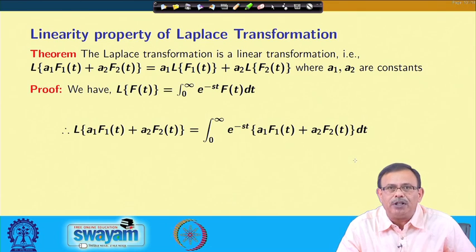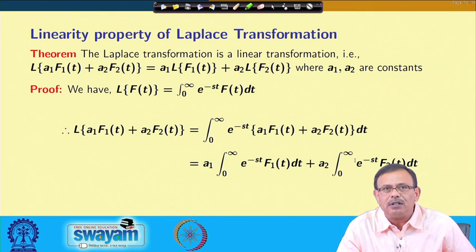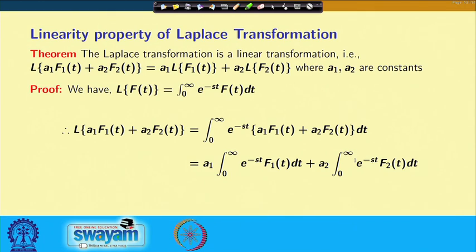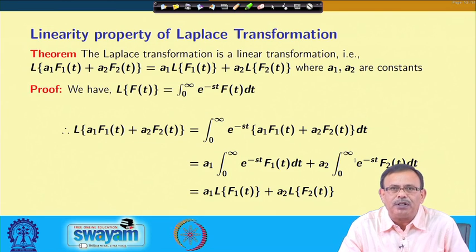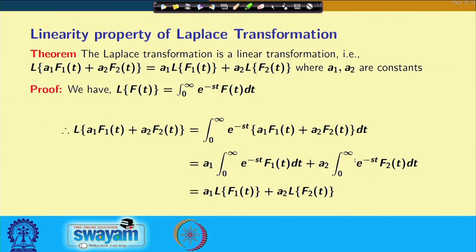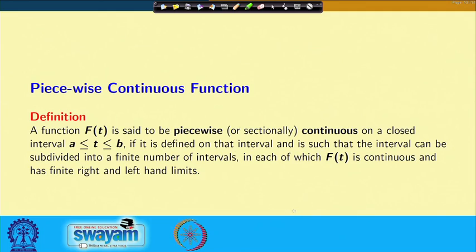Just the proof whatever I told you, I am showing here so that you can understand it in a better way. The same thing we have written: the integral of e^(-st) times a1 f1(t) plus a2 f2(t) equals this, and a1 times the integral of e^(-st) f1(t) dt is the Laplace transform of f1(t), plus a2 times the Laplace transform of f2(t).